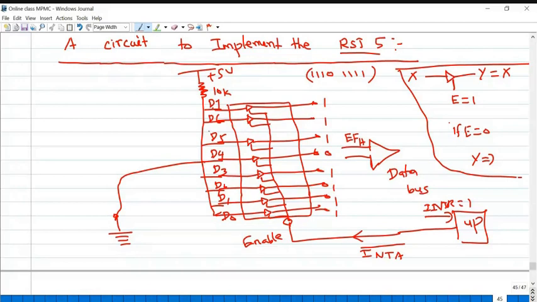Depending on whether the external hardware wants to execute RST 0 or 1, 2, 3, this internal tri-state buffer will be changing. In this example, I just explained the RST5 restart instruction and the equivalent circuit to execute it. So this EF will be placed on the data bus.